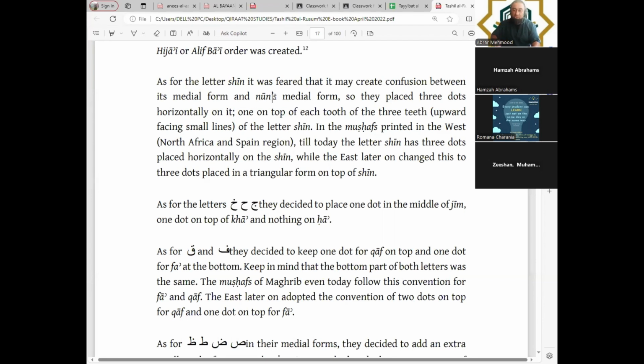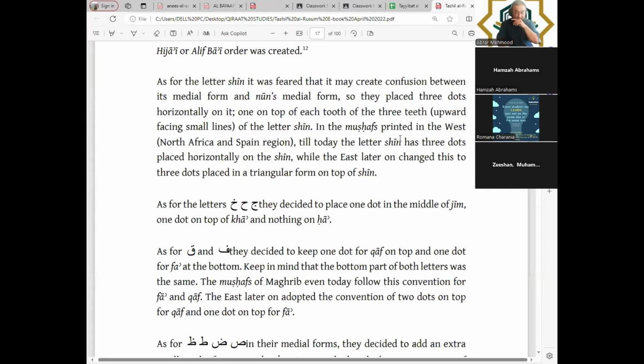So they removed the big semicircle and left the two semicircles, but wrote it with 3 dots in one line. In the Mus'hafs printed in the West and North Africa and Spain today, they have 3 dots placed horizontally, whereas in the South Asian or South African Mus'hafs, it's more like a triangle, with 2 dots and 1 dot on top.